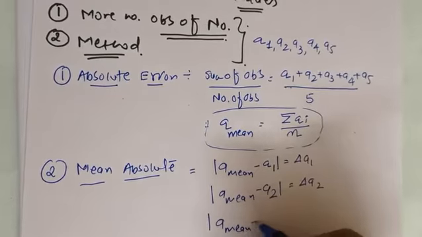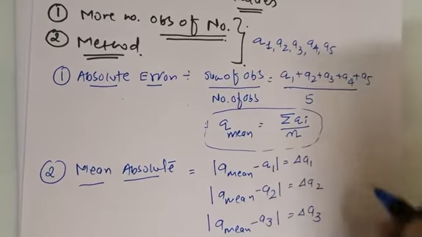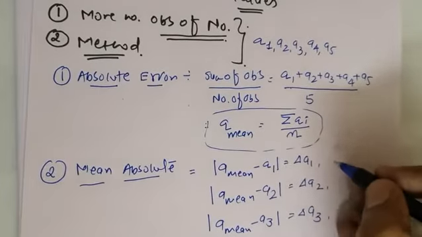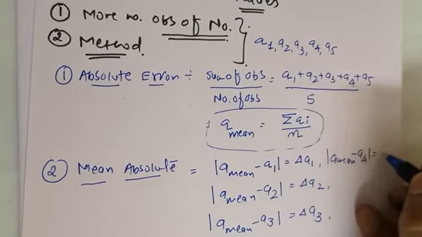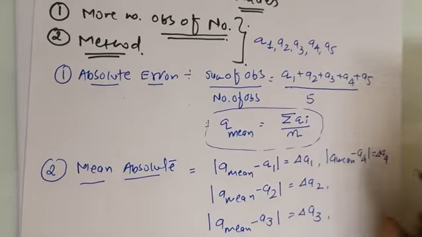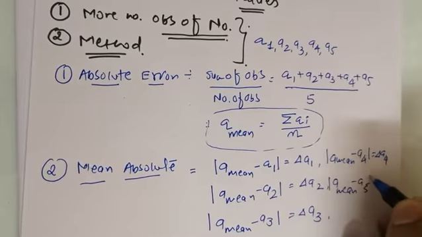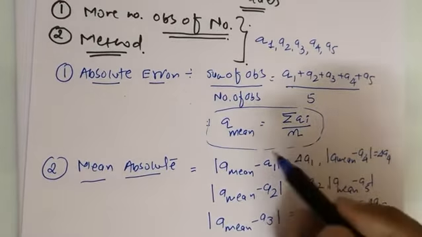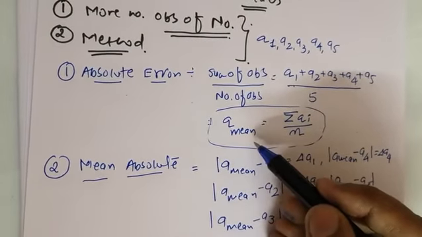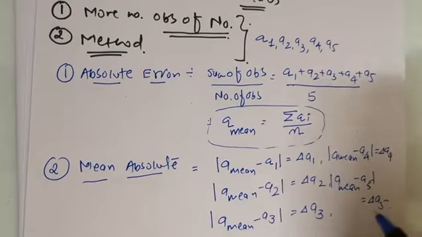Then A mean minus A3 is called delta A3. Then A mean minus A4 equals delta A4. Then A mean minus A5 is called delta A5. It means that we are taking our previous answer minus all our observations.